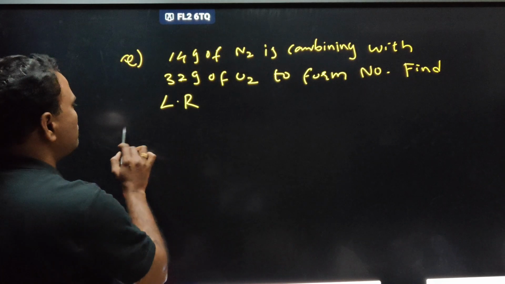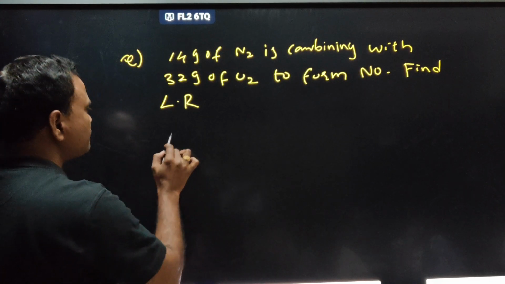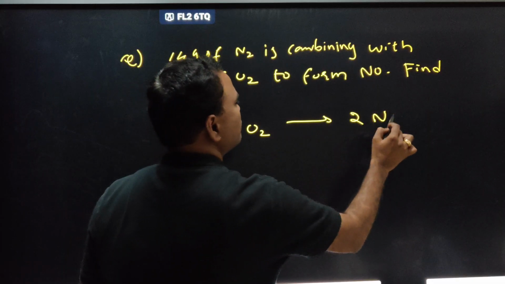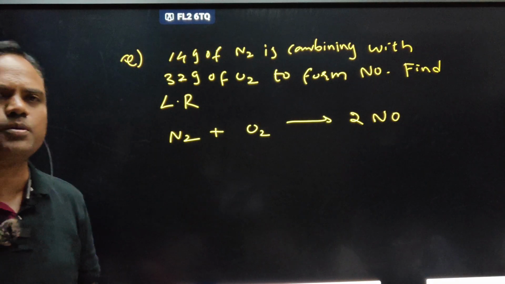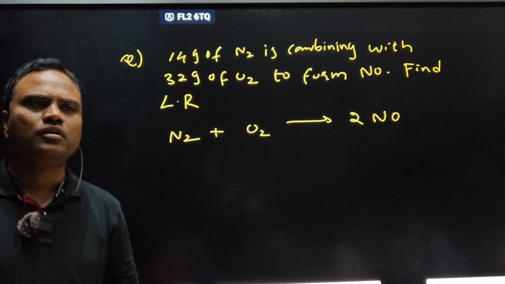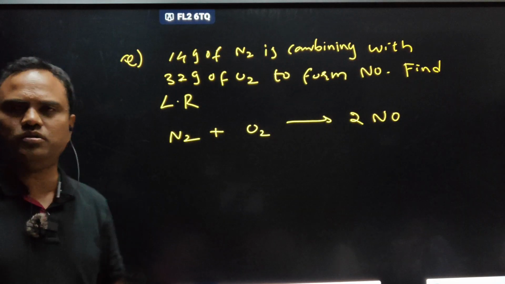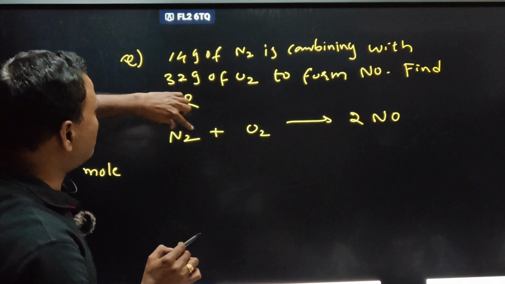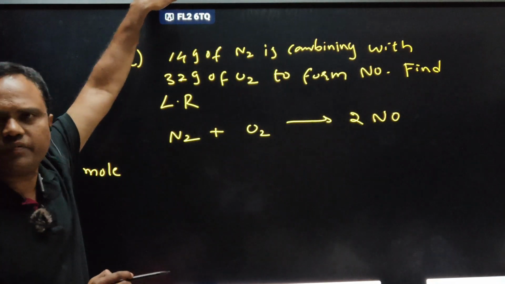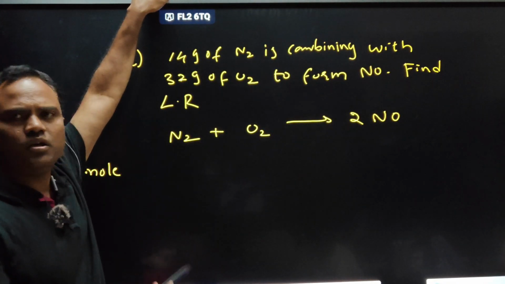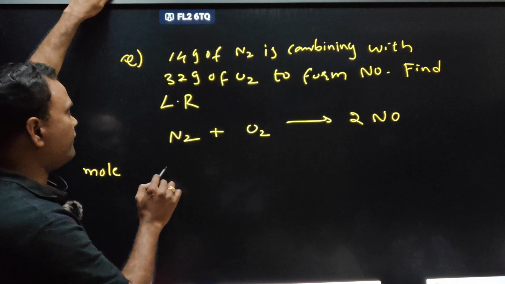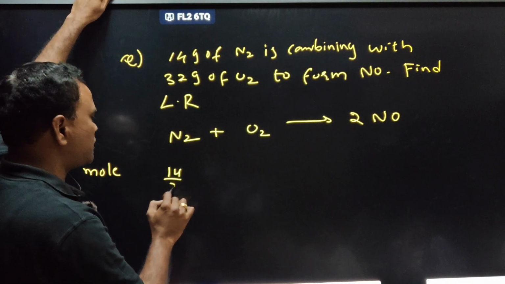The equation: N2 plus O2 gives rise to 2NO. What is step 1? Finding the moles. We are writing moles. You tell me what is given for us. Weight is given. Weight of nitrogen is given. If you know weight, we can find the moles. What is the formula for number of moles? Weight by gram molecular weight.